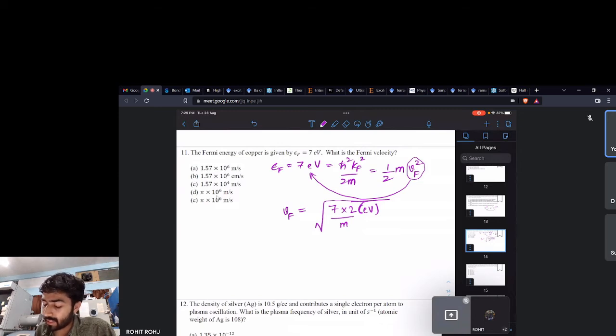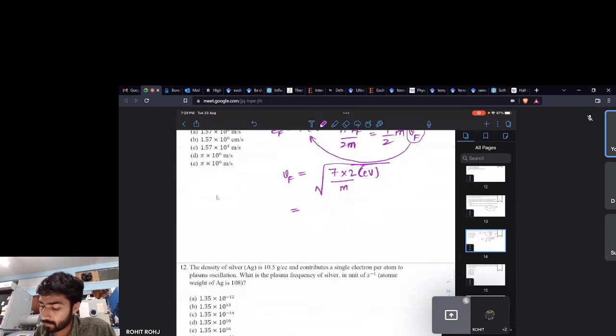So if I change these numbers to SI units, it would be 14 multiplied by the charge on an electron, 1.602 into 10 to the power minus 19 coulombs, divided by the mass of the electron in kilograms, 9.1 into 10 to the minus 31. So 10 to the minus 31 goes up and gives a factor of 10 to the power 12, which after square rooting comes outside as 10 to the power 6, and the answer would be in meters per second.